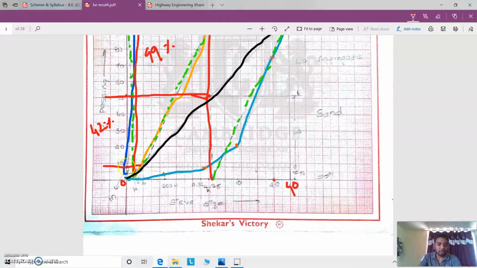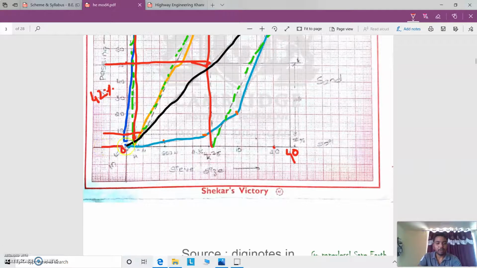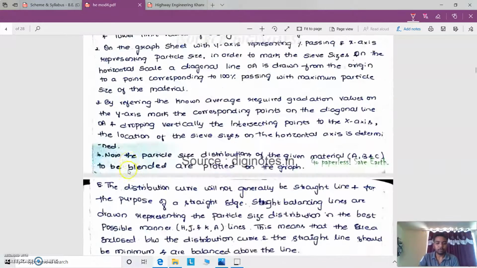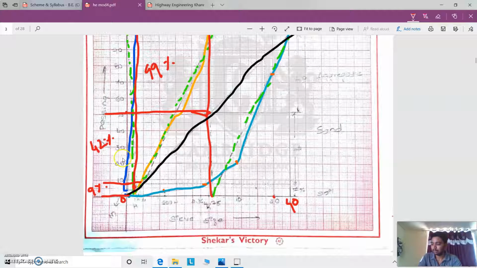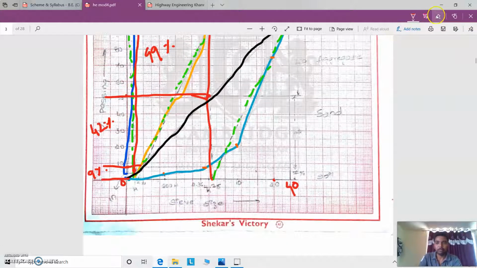Here it is 0, we can measure up to 50, and then it will be 42, and the remaining will be 8%, 42, 9%, it is 7%. You can consider it is 7%.